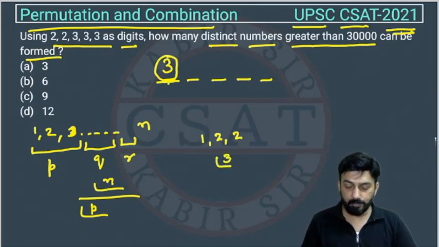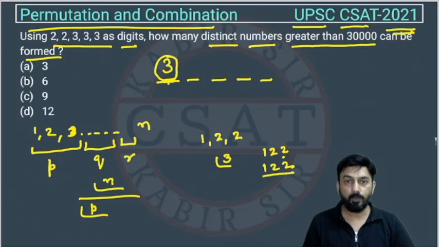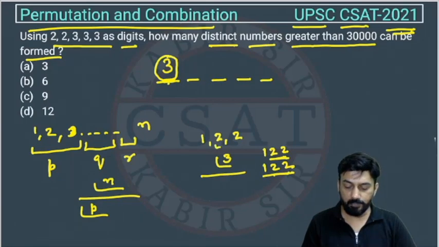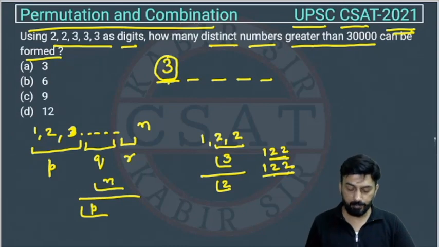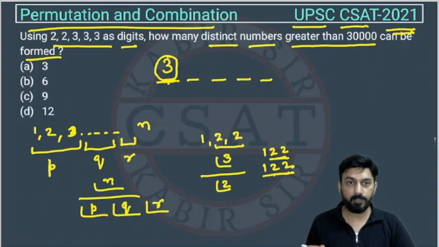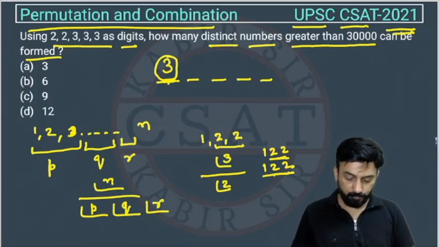But the number is suppose 1 2 2, then if we change these numbers, this will remain the same, because these are of the same type. So now we will remove these same kind; how many digits? 2, so we will divide by factorial 2. Similarly the formula is p objects of the same type, q objects of the same type, and r objects of the same type, right? So here we will use this formula.